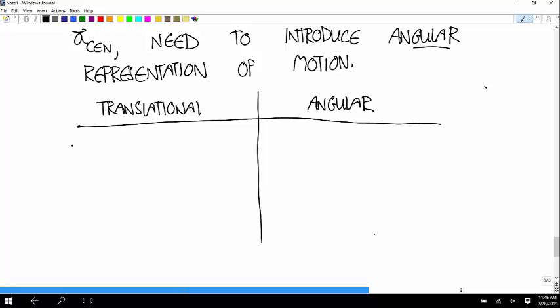So first, the position P has an analogous angular quantity called the angular position.